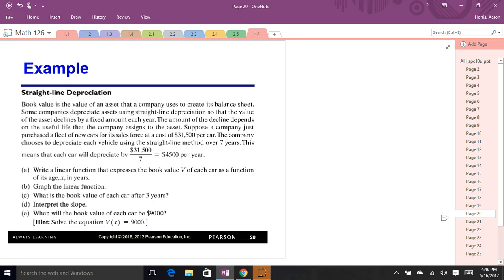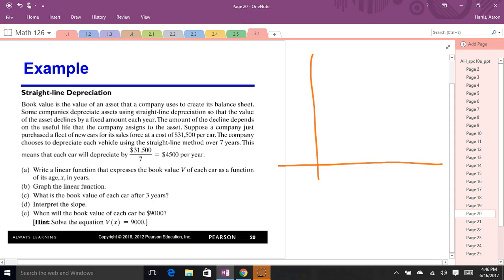So let's suppose a company just purchased a fleet of new cars at $31,500. The company chooses to depreciate each vehicle using the straight line method over 7 years. Okay, write a linear function that expresses the book value of each car as a function of its age, x in years. So if you can kind of imagine for a minute, you've got these cars worth $31,500 initially.